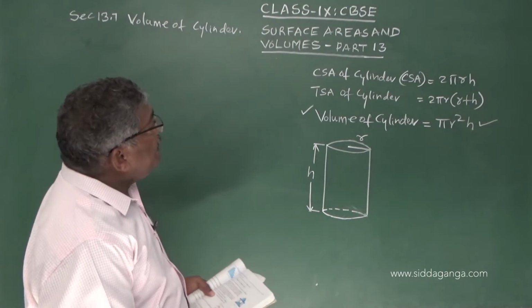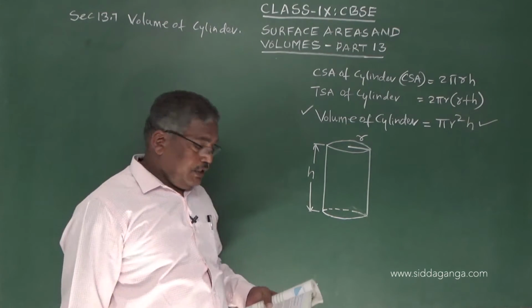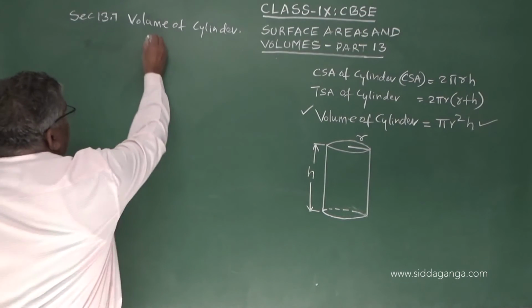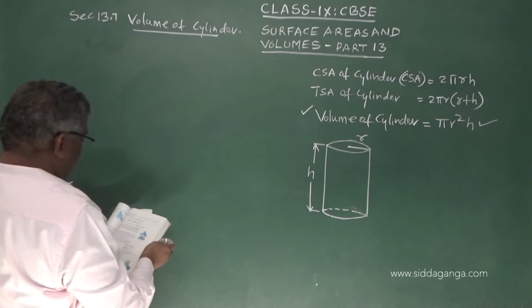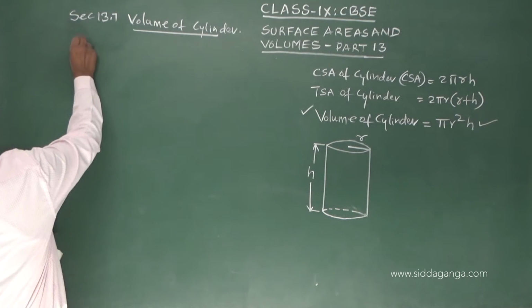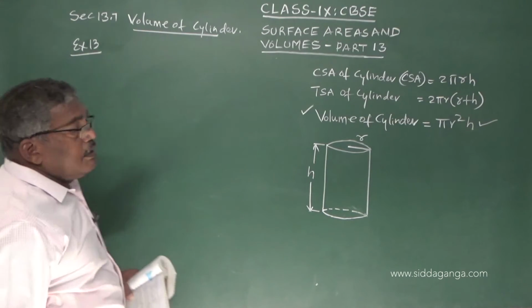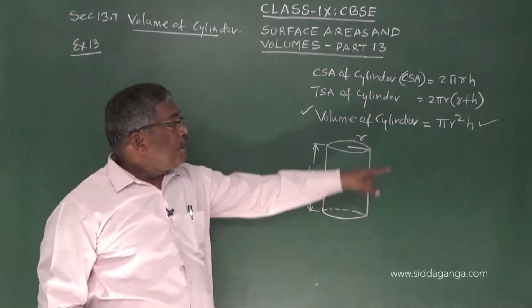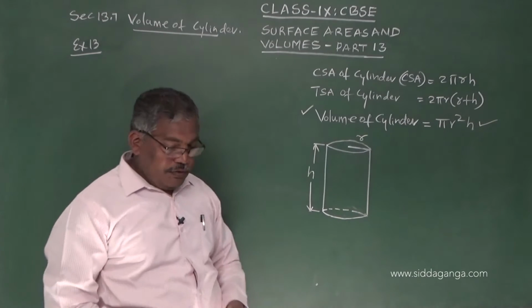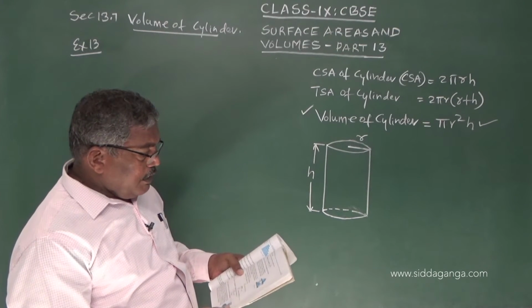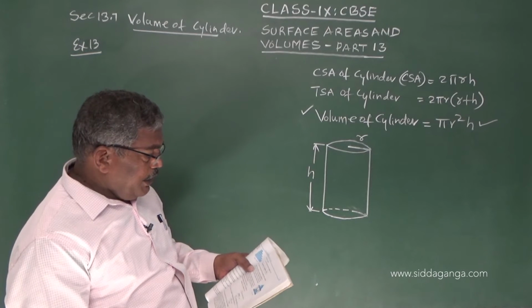So volume of a cylinder is pi r square h. Remember that. I will take up straight away solved example 13 from your textbook. The pillars of a temple are cylindrically shaped.